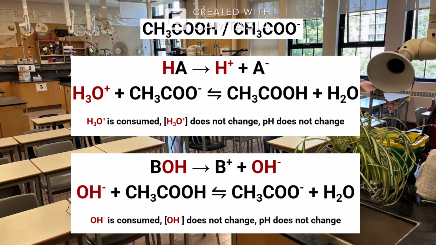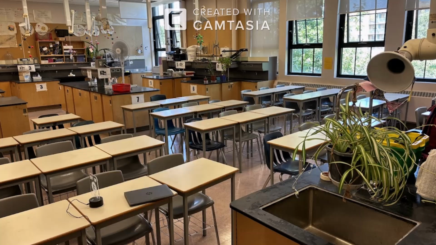If a base enters the system, it isn't interested in the conjugate base, but it will react with the weak acid of the buffer system. Either way, there aren't any free-flowing hydronium or hydroxide ions in the solution. As a result, the pH of the solution does not change much, if at all.